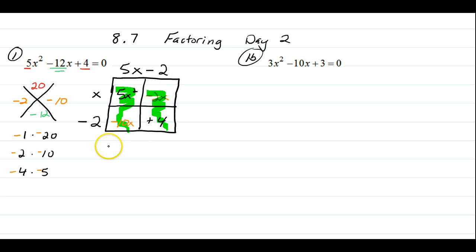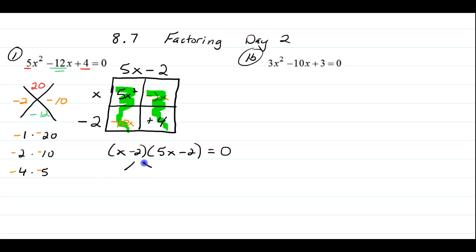And so these are our factors, x minus 2 times 5x minus 2. And remember, we're solving in this step. So your quick check is x times 5x is 5x squared, and negative 2 times negative 2 is positive 4. So we probably got it right.